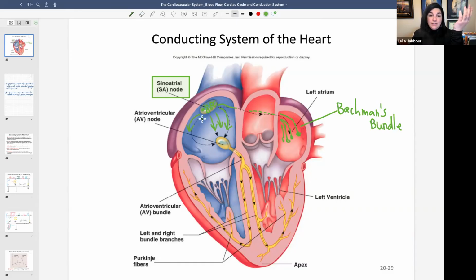It's very convenient for all of the cells in the right atrium, but to stimulate the cells of the left atrium, we need these longer fibers to go to the other side. We call these the Bachmann's bundle. And then we have the internodal pathway, which is all of this.